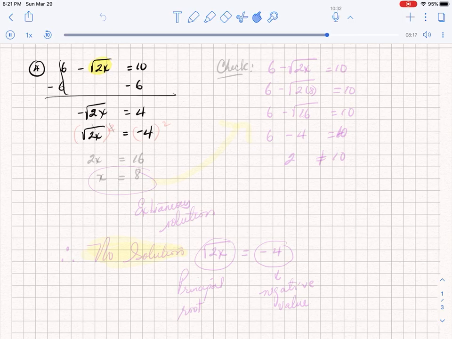Let me go ahead and square both sides and see what's going on here. Okay, that's gone. 2x equals 16, so x is 8. Let's check it.